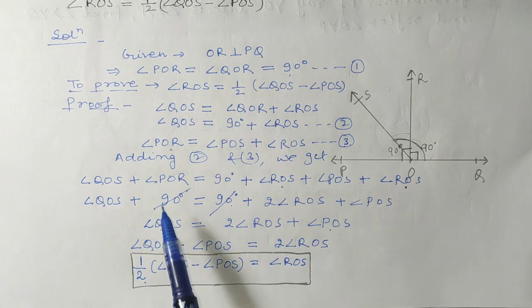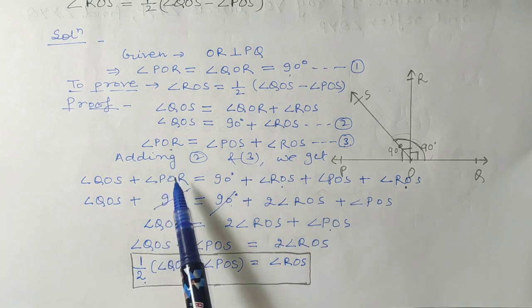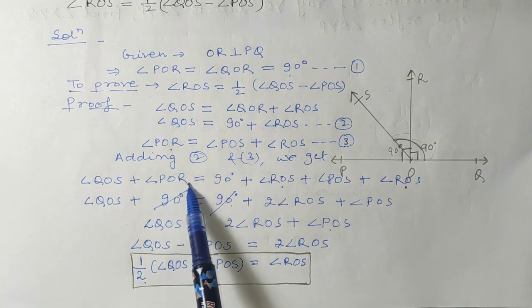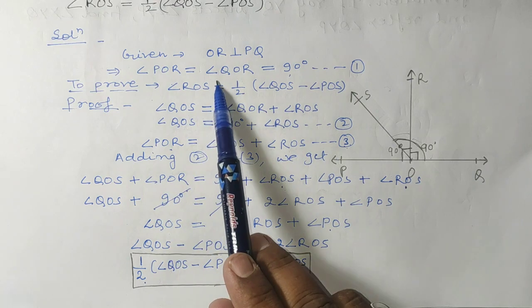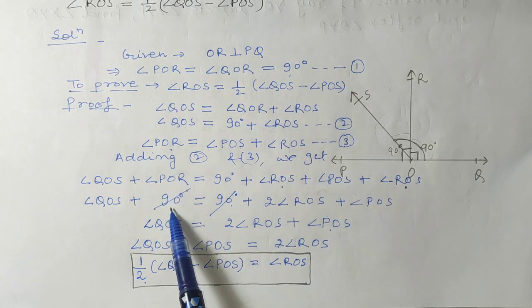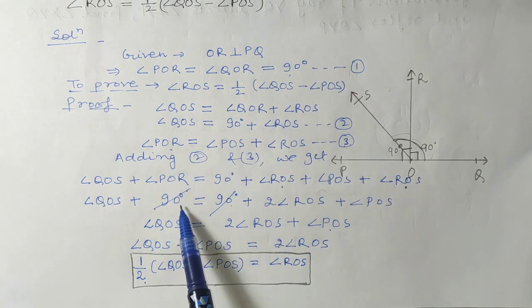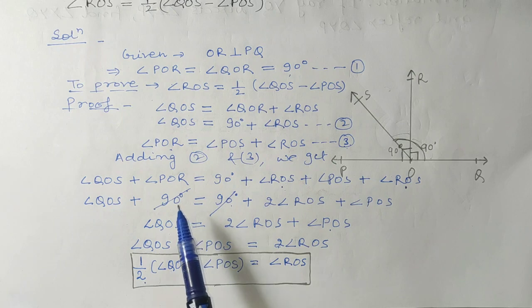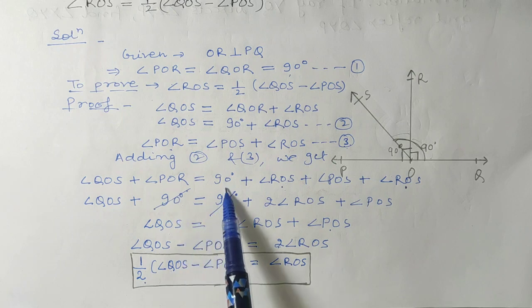Okay, then we have seen that in left hand side there is an angle POR and POR is equal to 90 degree. So we have put the value of angle POR as 90 degree. Then 90 degree was there in left hand side and 90 degree was there in right hand side.